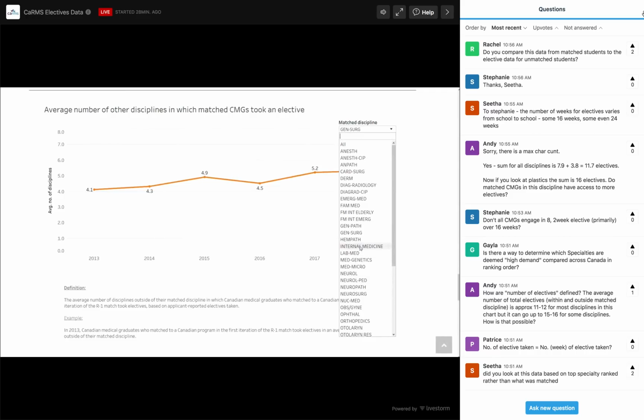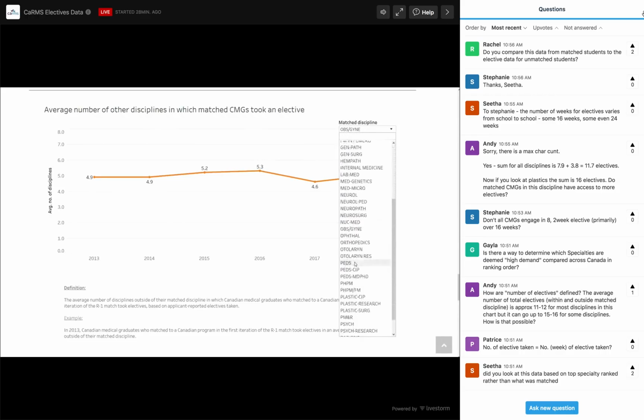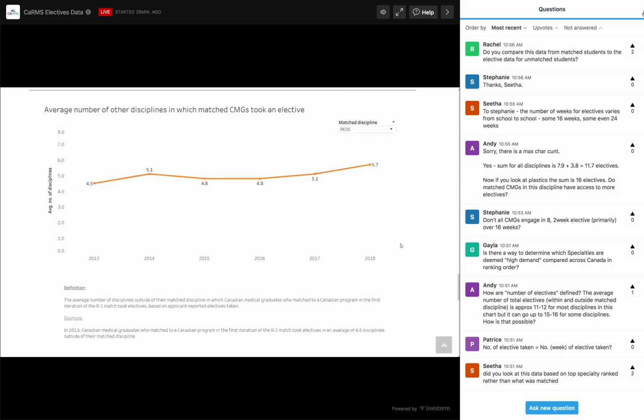Internal medicine, similar to the average. Obstetrics and gynecology, actually quite flat, with a bit of a dip in 2017, so flat over the 6 years. And then finally, pediatrics, again with a bit of a steeper incline, particularly in the last couple of years.